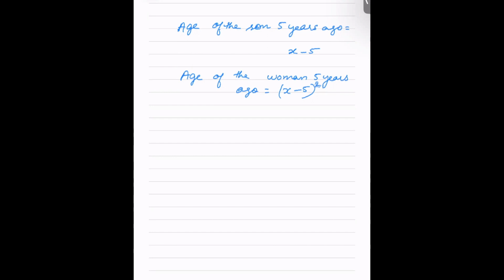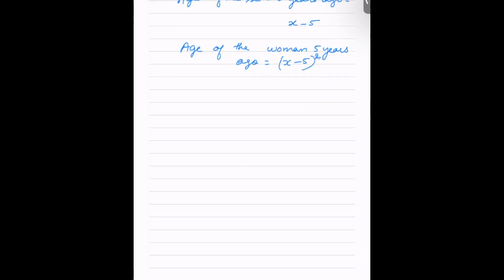Now here the point is 10 years hence. What they meant by 10 years hence is from the present time, 10 years. 10 years from the current time. So from 5 years ago, it will be 10 plus 5, which is 15 years. From the present time, after 10 years.